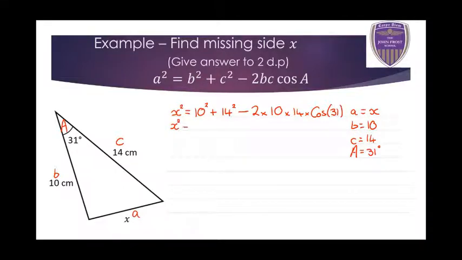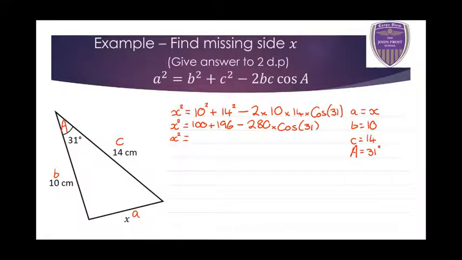Again, just work through this. 10 squared is 100, 14 squared is 196, 2 times 10 times 14, that is 280, and that has to be multiplied by cos 31, okay? Don't forget that.